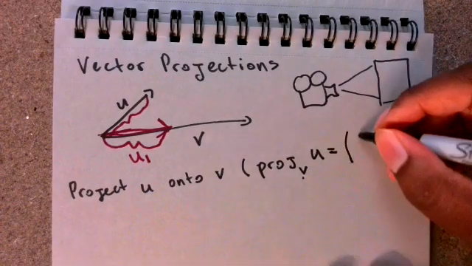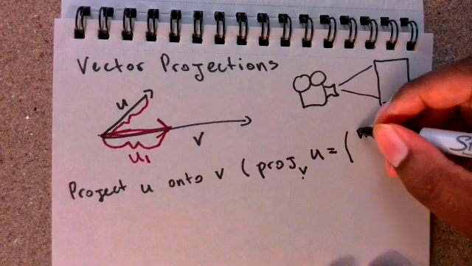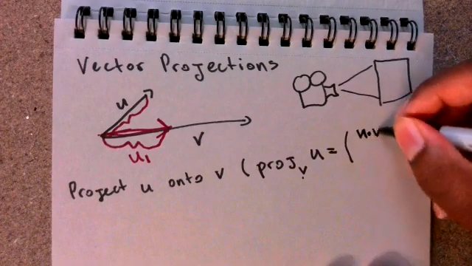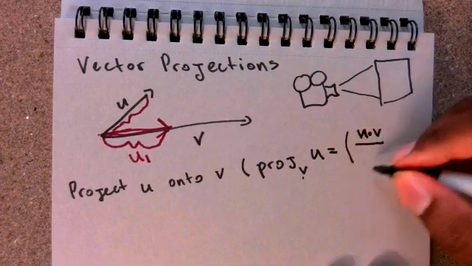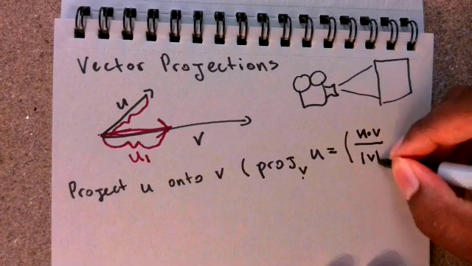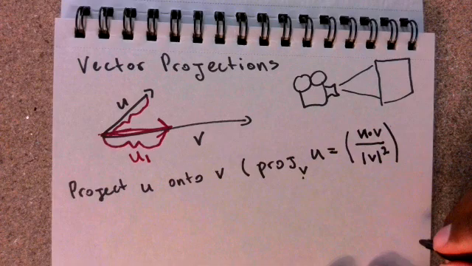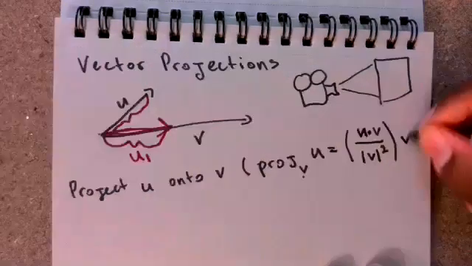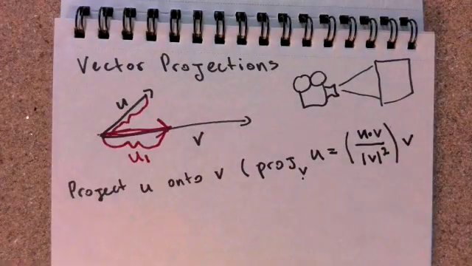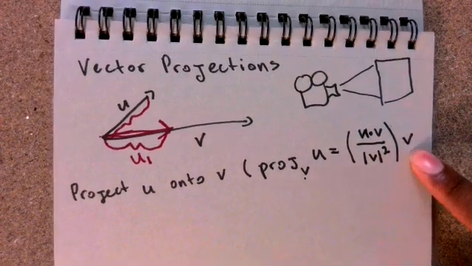And the formula for that is the dot product of u and v over the magnitude of v squared times the actual vector v.